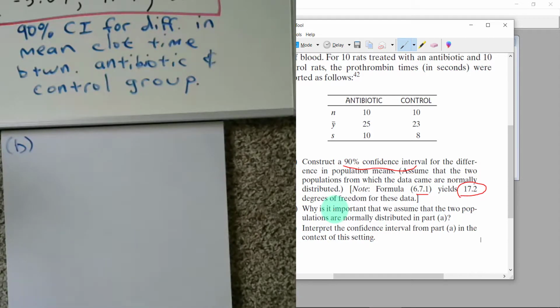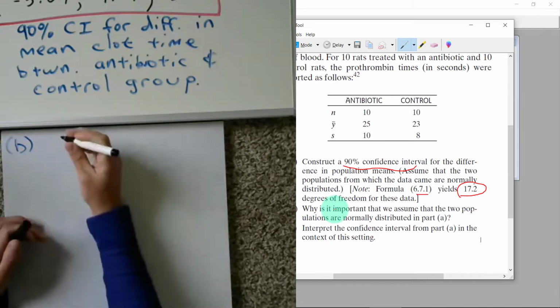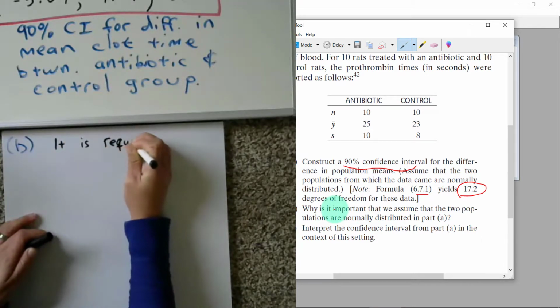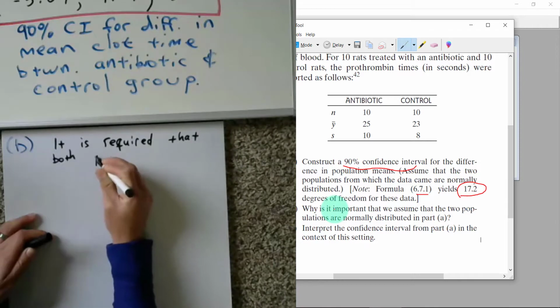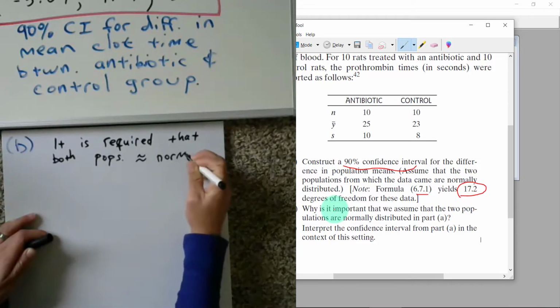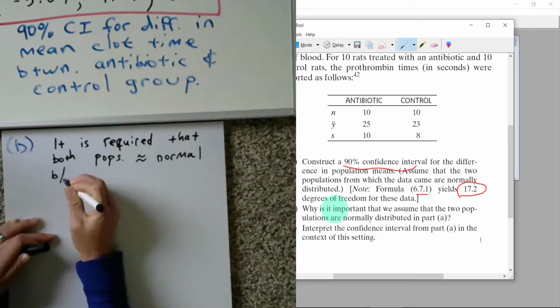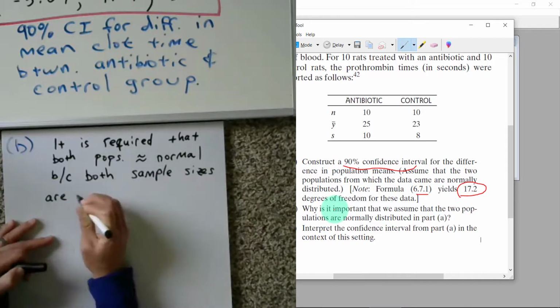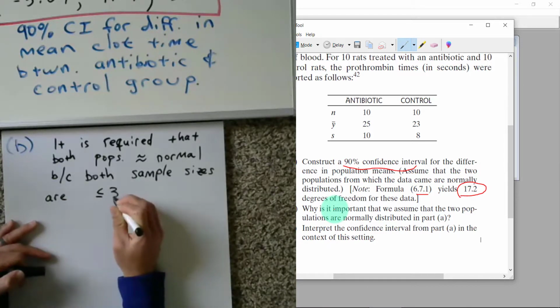But if that cannot be met, then we can use the central limit theorem as a backup. Here, it is required that both populations are approximately normal because the sample sizes are small. And by small, I'm really saying less than 30.